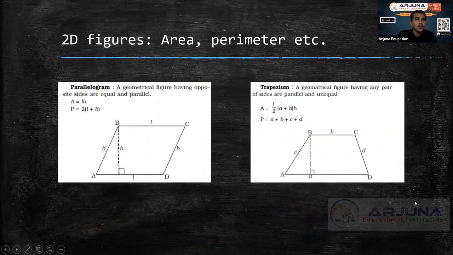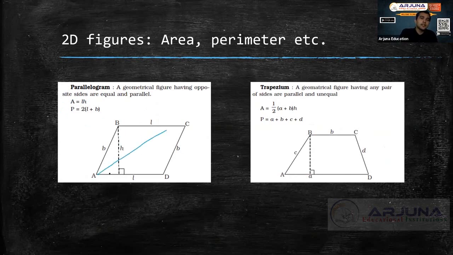Next one is a parallelogram, and for the parallelogram, what is the area? Length into height. And what is perimeter? Perimeter is 2 times length plus breadth. Okay, so there is nothing much for parallelogram. These two things are sufficient for parallelogram. And for a parallelogram, what all things are followed?